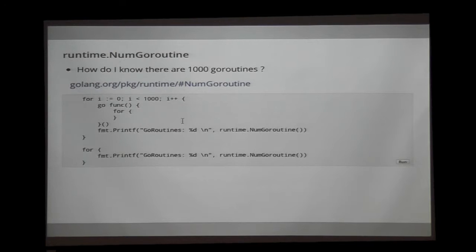This is the same program as before, just with some printf here and there. What we expect is that as we loop in this main first cycle and print all this, you will see 1, 2, 3, 4 until it gets to 1,000.